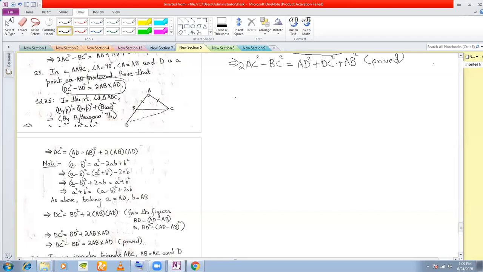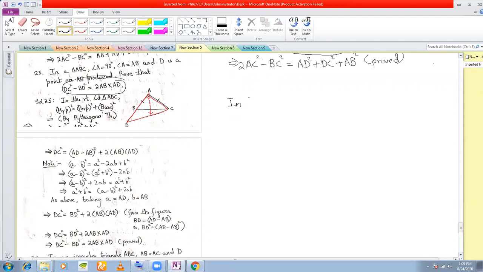Let me first consider the right angle triangles, then I will proceed. So let's consider the bigger right angle triangle first, this red one. Right angle is here. Opposite to this will be your hypotenuse.